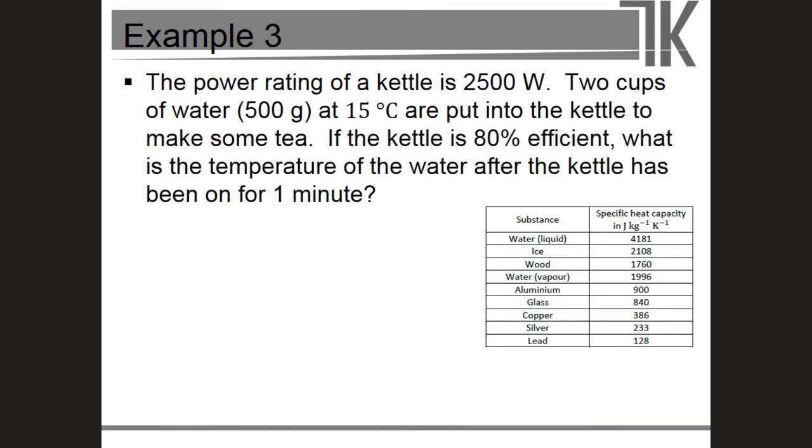Example 3, give the video a pause and give that a try. Alright, so the question reads, the power rating of a kettle is 2,500 watts, and 2 cups of water, which is 500 grams or 0.5 kilograms at 15 degrees Celsius are put into the kettle to make some tea.